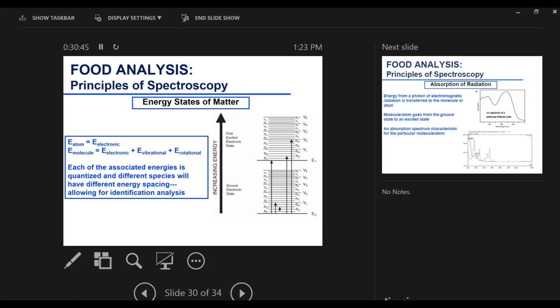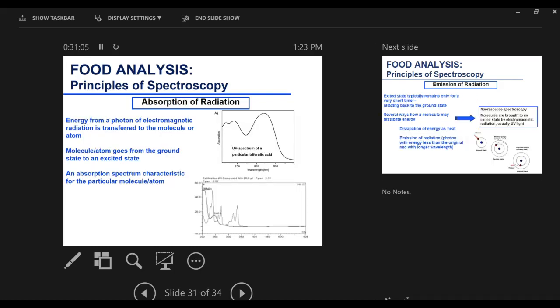So, like I said, each of these is unique for a particular atom or molecule, and that is why we can use this very unique absorption of different energies for identification and getting unique spectra for different molecules.